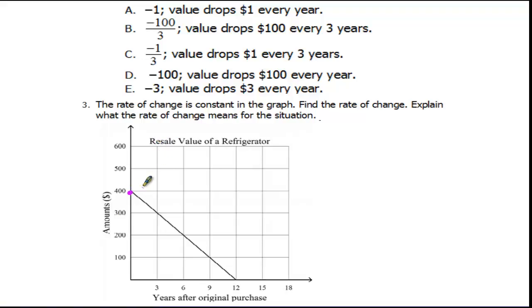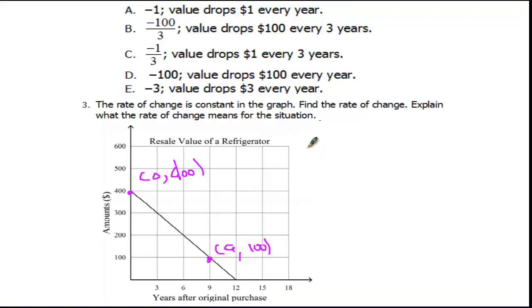On this point, we have the x value is equal to 0, the y value is 400. We can use this point, this point, this point, or this point. I would just use this point over here. So my x is 9, and then my y is 100.